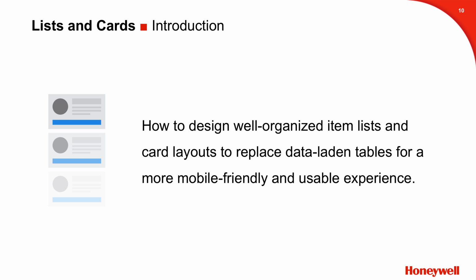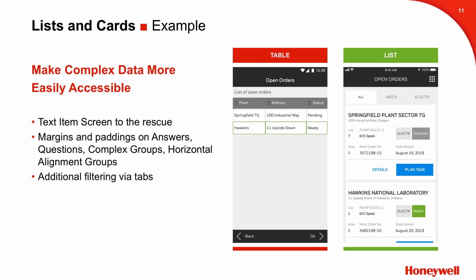In fact, whenever possible, designers and developers should try to avoid them when building handheld experiences. But no reason to worry, there are many clever ways to replace tables in your design. Mostly utilizing the text item screen, all kinds of card and list layouts can be built, and by that you will be able to make complex data much more accessible to your users.